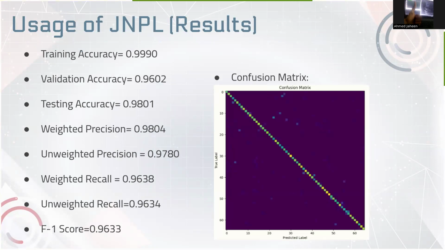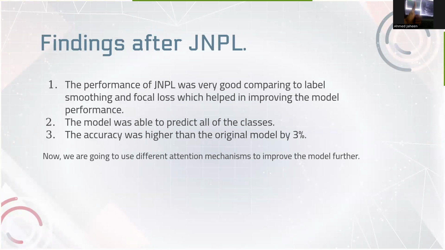After usage of JNPL, it greatly improved the accuracy, being 98% with training accuracy up to approximately 100%. And the performance was very, very good compared to other noisy labels. And the model was able to predict all the classes with a very high accuracy, an increase of 3%. And then we are going to use a different activation mechanism with JNPL.